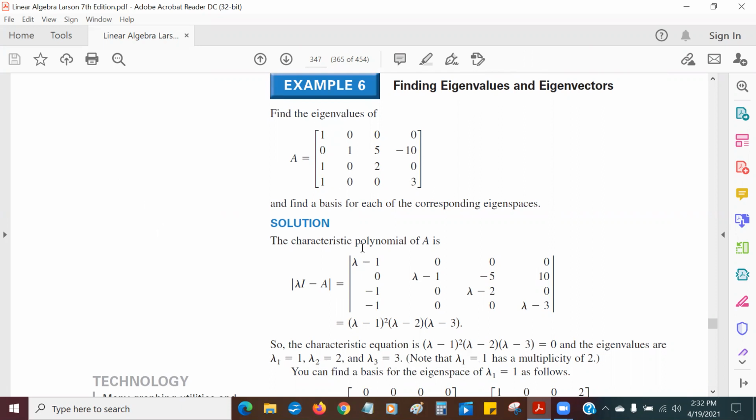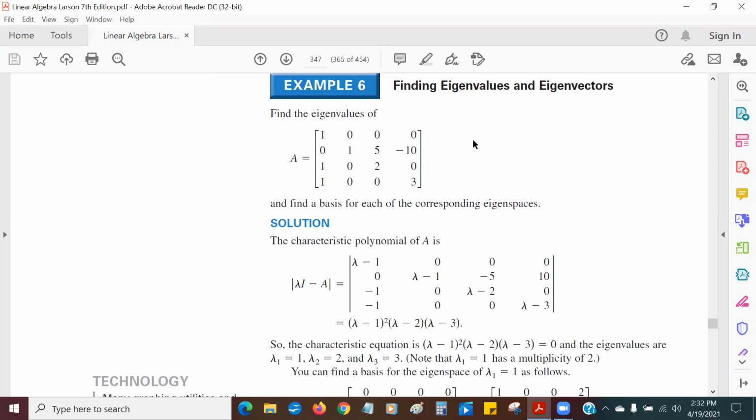That's 1, that's lambda minus 1. That's 2, that's lambda minus 2. That's 3, that's lambda minus 3. Everything else is going to be 0 minus that entry. So that's 1, that's 0 minus 1, which is negative 1. That's negative 10, then this is 0 minus negative 10, which is positive 10. Of course, 0 minus 0 just stays 0. So the 0 stays 0, and so on for everything else.